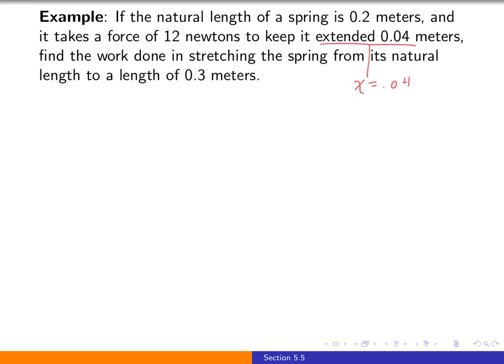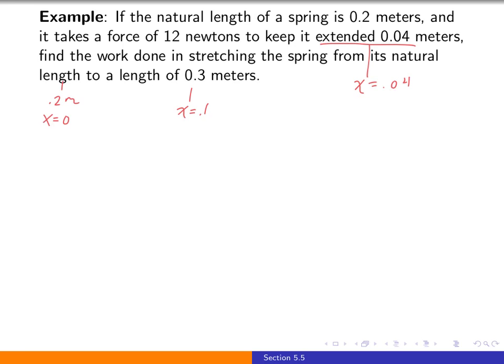Find the work done in stretching the spring from its natural length, 0.2 meters, to a length of 0.3 meters. So 0.2 meters corresponds to its natural length, so x equals 0. And if we stretch it from 0.2 to 0.3, that's going to correspond to x equals 0.1. We've stretched it 0.1 meters.